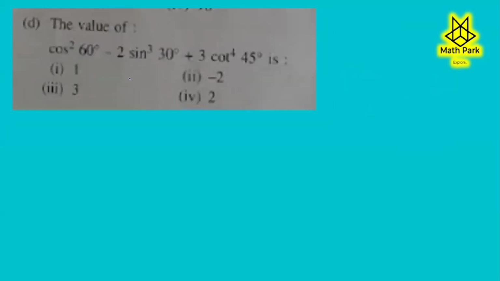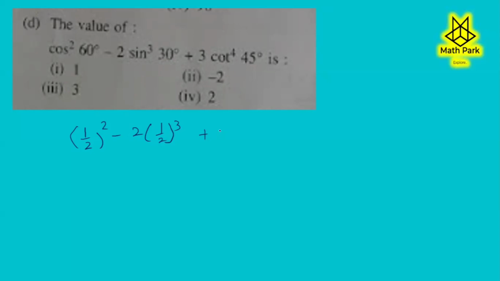The D part: the value of cos square 60 minus 2 sin cube 30 plus 3 cot to the power 4 of 45 is. Let's put the values. Cos 60 is half, so half square, minus 2 sine cube 30. Sine 30 is half. So 2 times 1 by 2 cube, plus 3 cot 45.